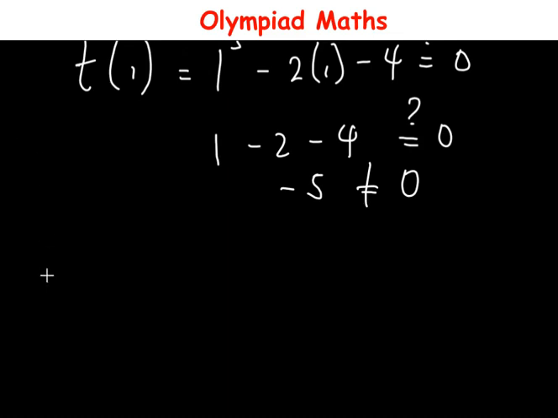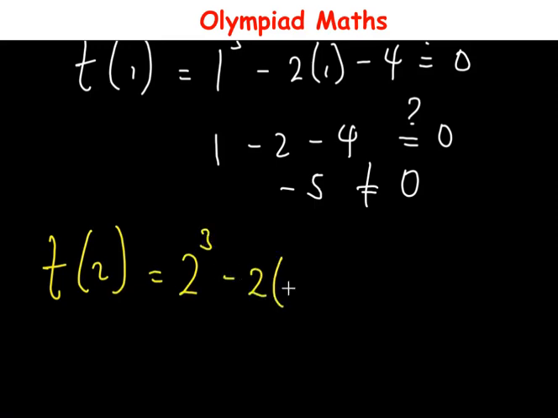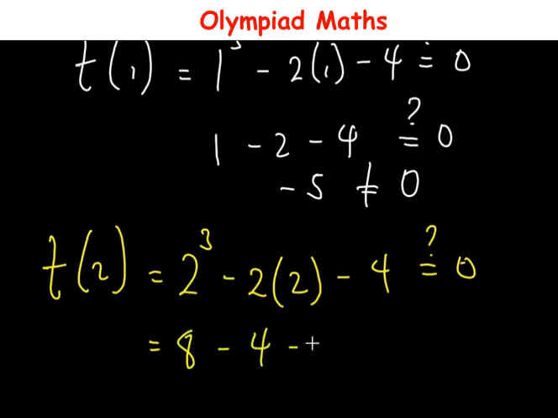So we have f(2), which equals 2 raised to power 3 minus 2 times 2 minus 4. Will this equal 0? From here, 2 raised to power 3 is 8, minus 2 times 2, which is 4, then minus 4.